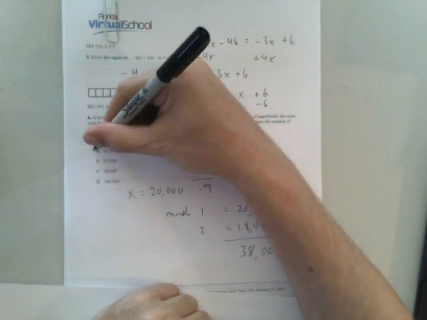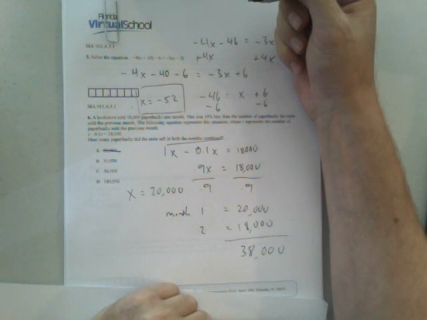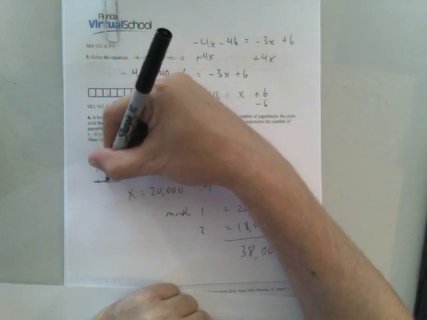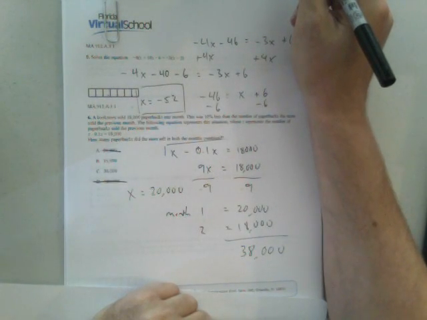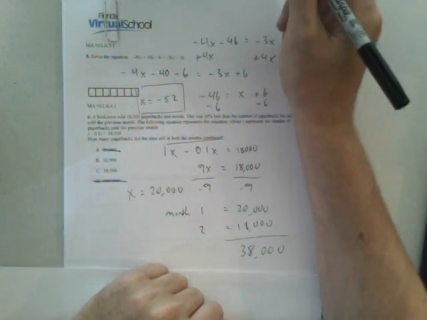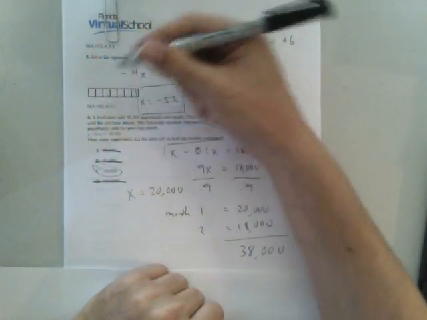So this one is going to be off, and this one is going to be off. Because our number has to be a little bit greater than that, because the first month is greater than the second month, the total is going to be a little bit over 36,000. So we can eliminate that one.